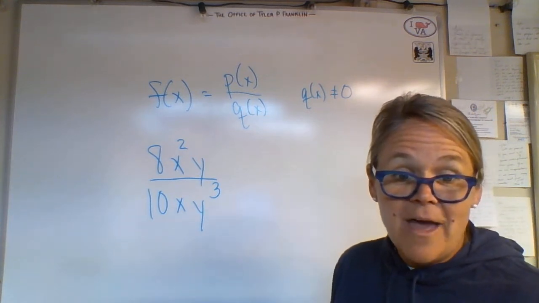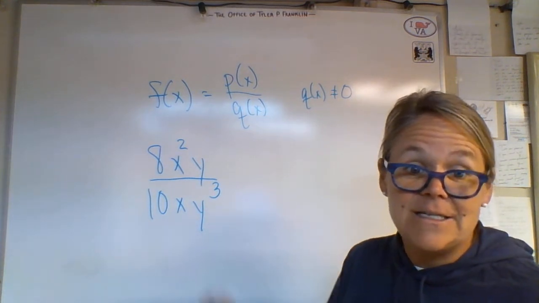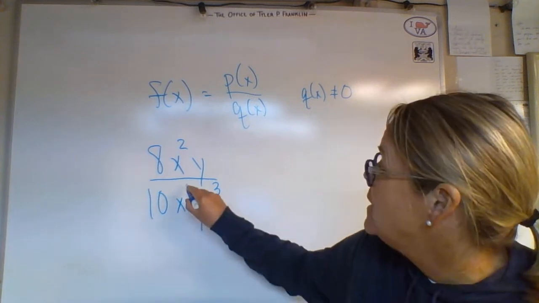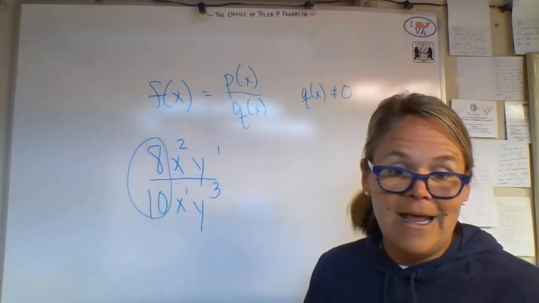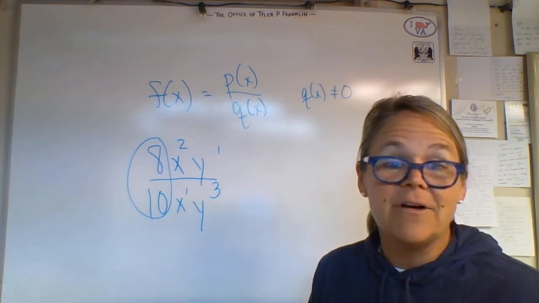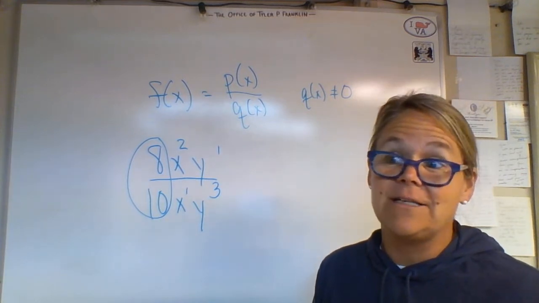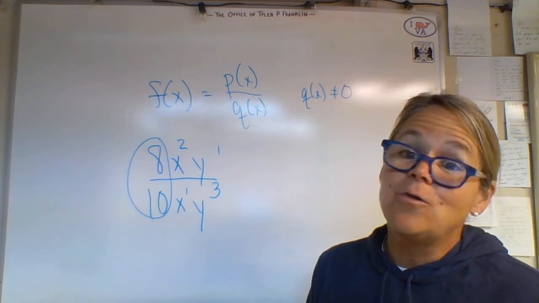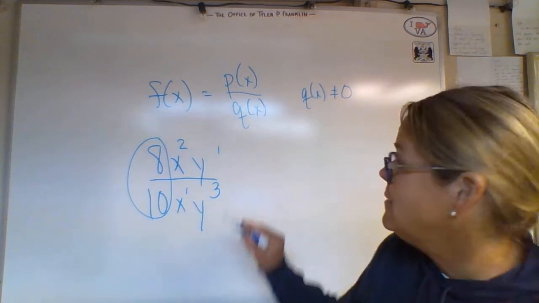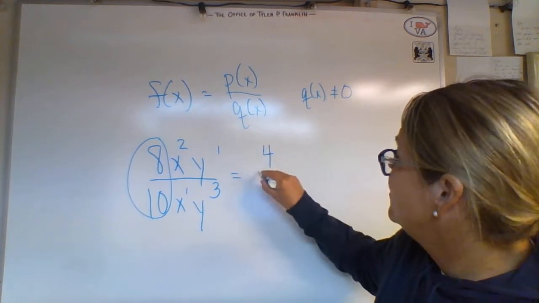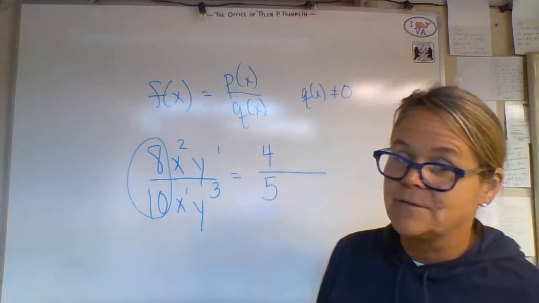We did this with exponent rules. This is ACT type material. You divide 8 by 10, and a lot of us did that in the calculator. You got 0.8, you pressed math, enter, and it gave you 4/5.